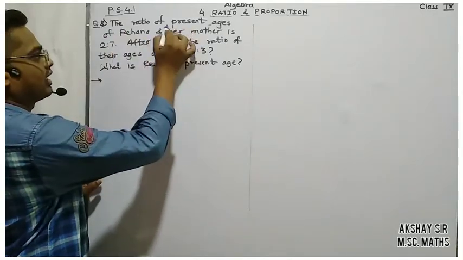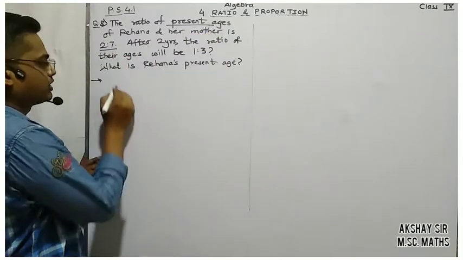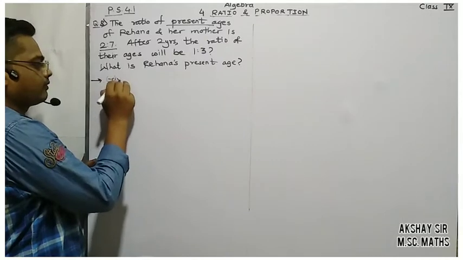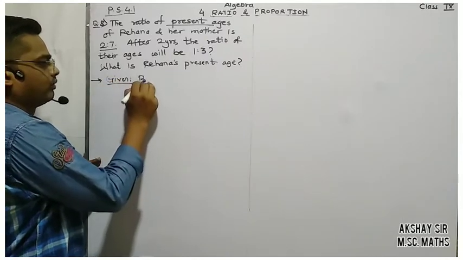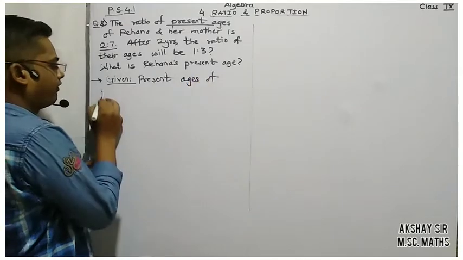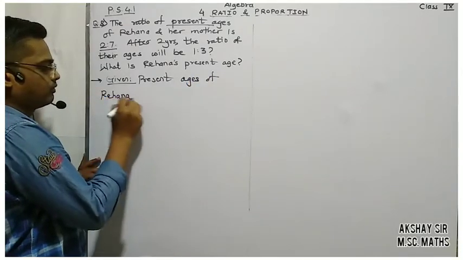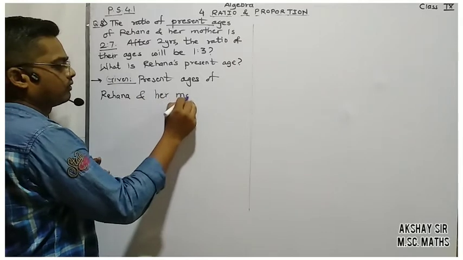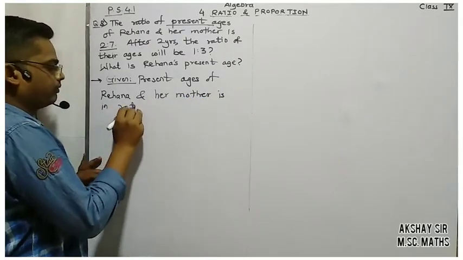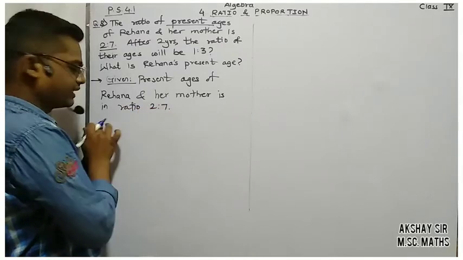The present ages are given in the ratio 2 as to 7. So given that the present ages of Rihanna and her mother are in the ratio 2 as to 7, let us take a common multiple x.